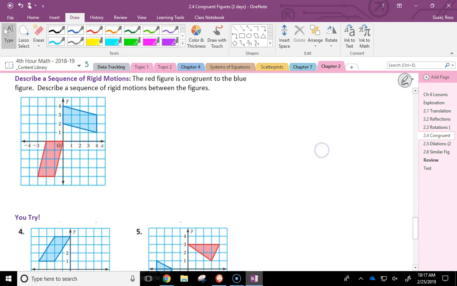So, how can I get from the red to the blue? What do you think is something we could do? Am I going to be able to just slide it? Let's go with translation. Can I slide this red figure and get it to the blue?